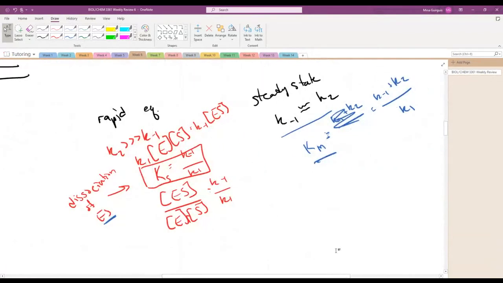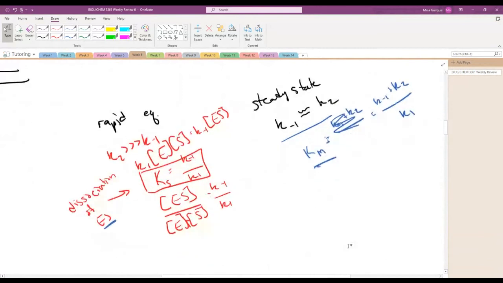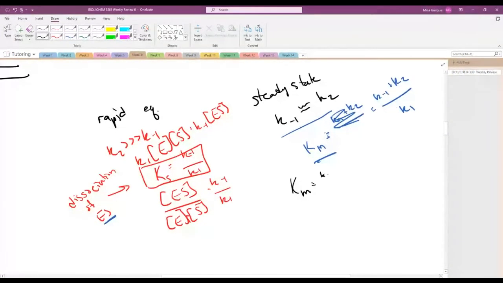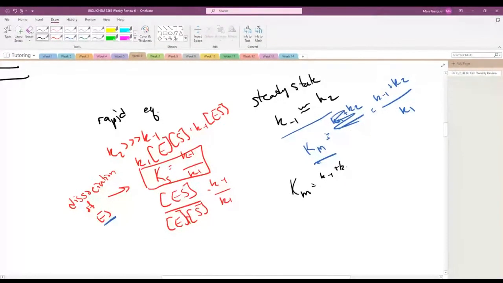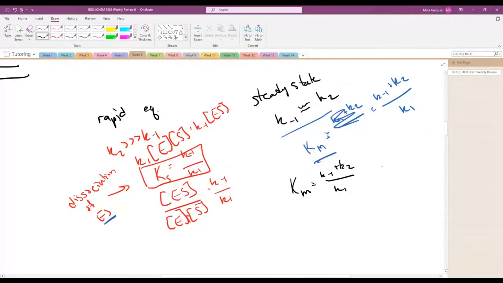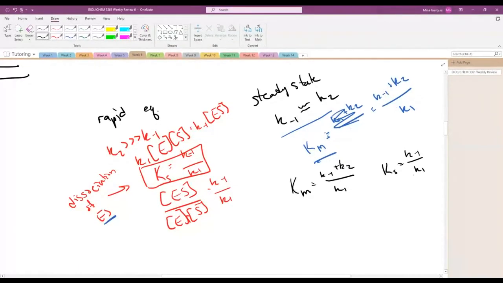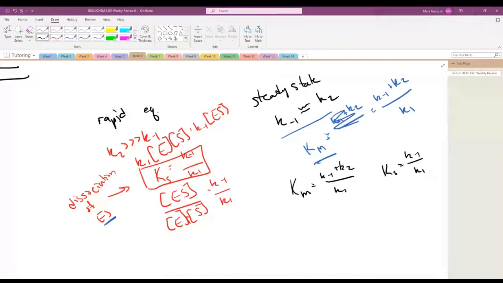So the basic assumption, and I'm just going to work down here. We said Km is equal to K-1 plus K2 over K1, and we said that Ks is equal to K-1 over K1. Did I flip something? I feel like I might have flipped something.